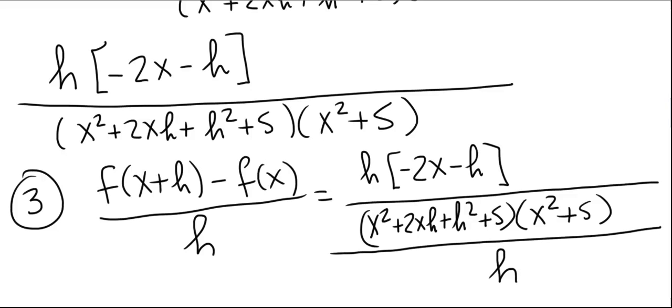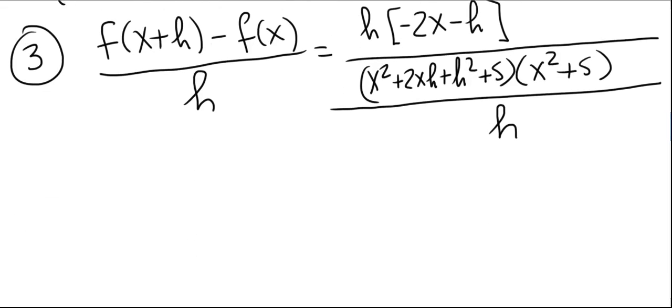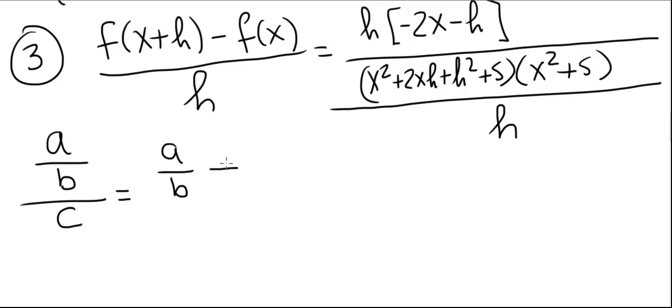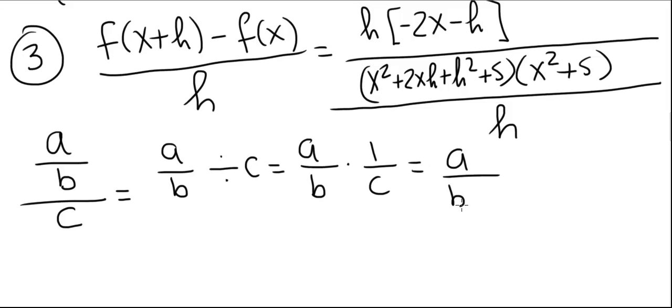Now recall from basic algebra, whenever we have a quotient of the form a divided by b, divided by c, that's the same as a over b times 1 over c, which is a divided by b times c.